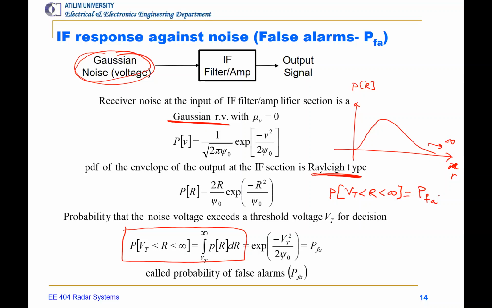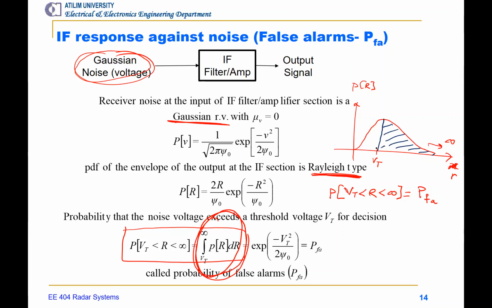If we got a signal exceeding the threshold, this could be a false alarm. So this requires simply evaluating these integrals. If we take here Vt, we actually determine this area.